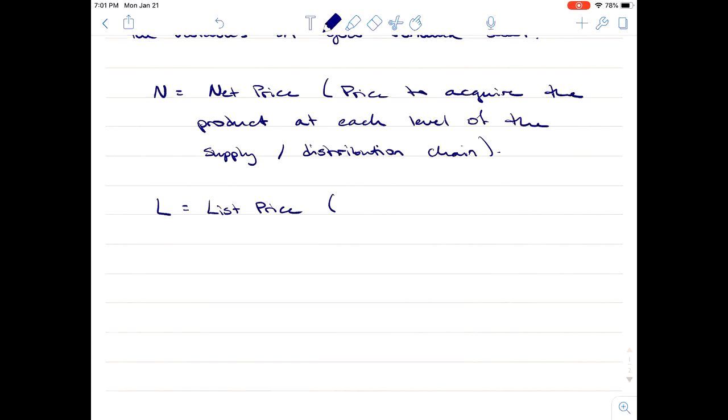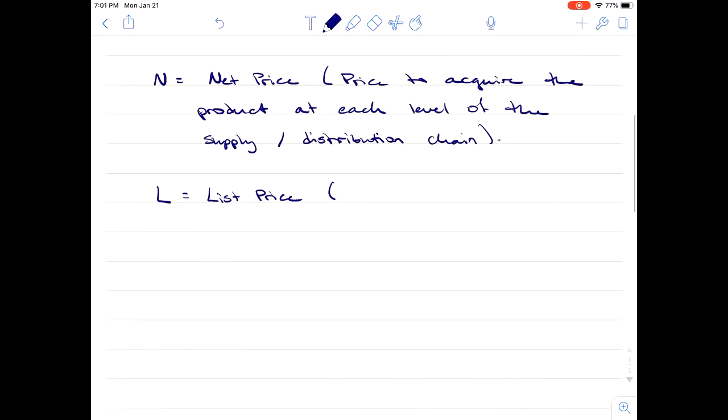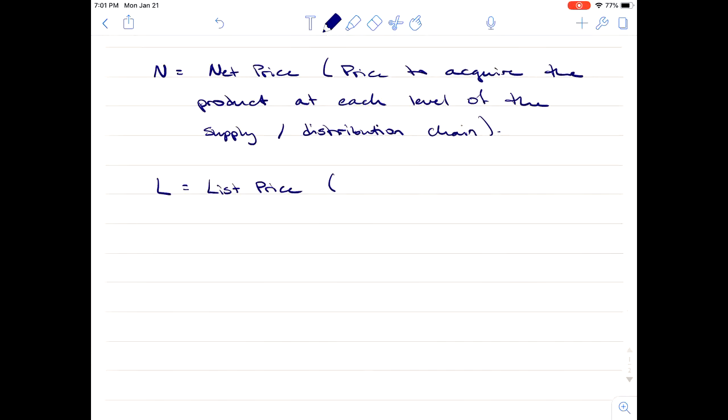Often how it works is they've got some suggested retail price, and then they'll say, I'll give you the list price less 50% or something, a discount on this list price. The list price isn't necessarily the amount that you sell it for. It's just what the manufacturer thinks you'll sell it for roughly.